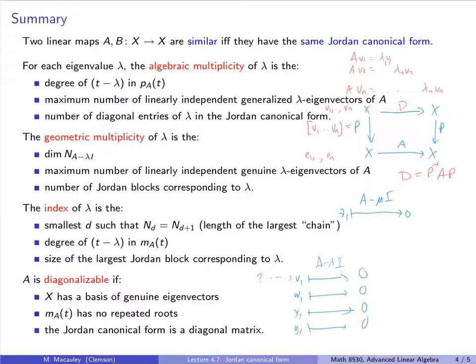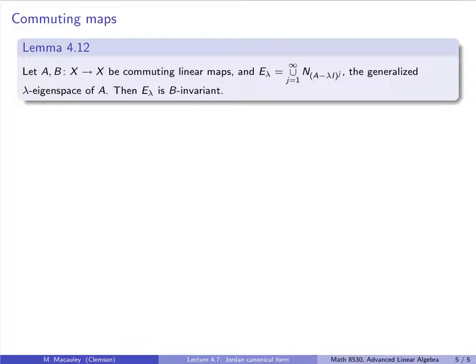For the rest of this lecture, we will assume that A and B are linear maps on X which commute. In other words, AB equals BA. I'm going to prove several results about this. Well, actually one result and then a specialization. But to do that, we need this lemma.